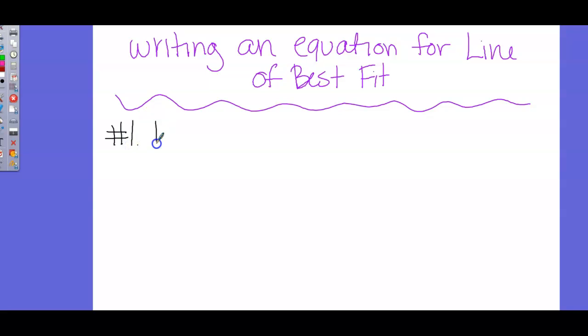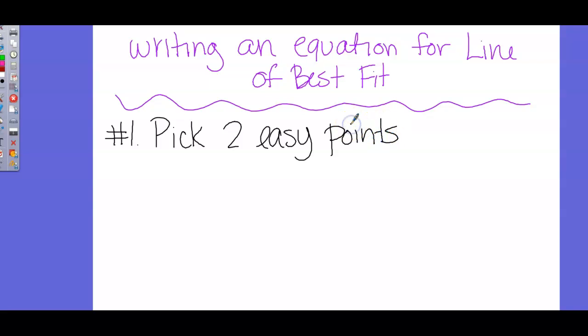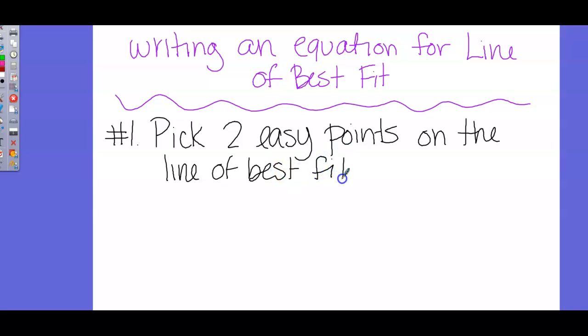you're going to pick 2 easy points on the line of best fit. What I mean by easy points is points that you know exactly what its x is and exactly what its y is.